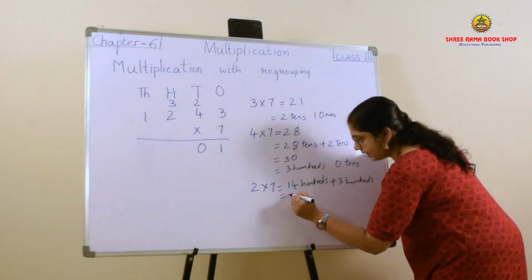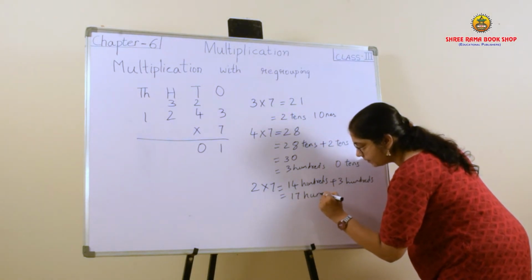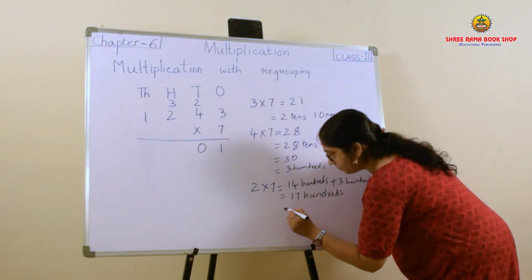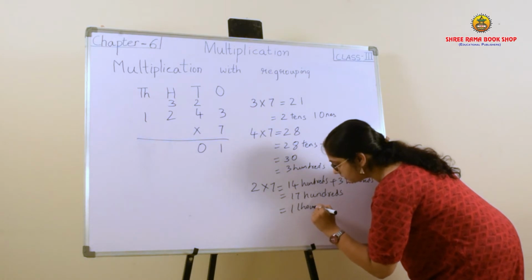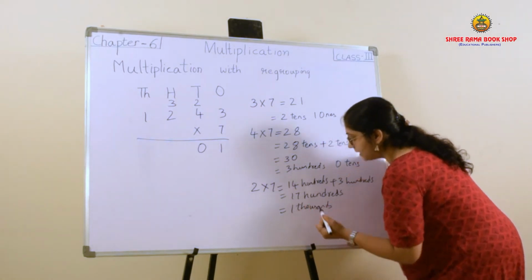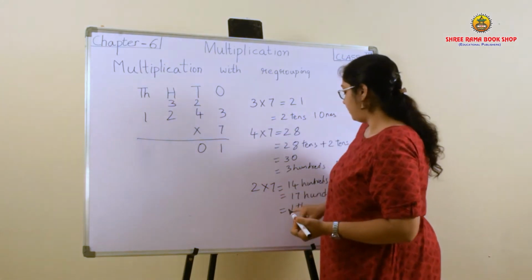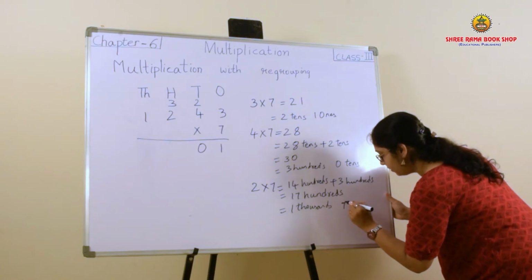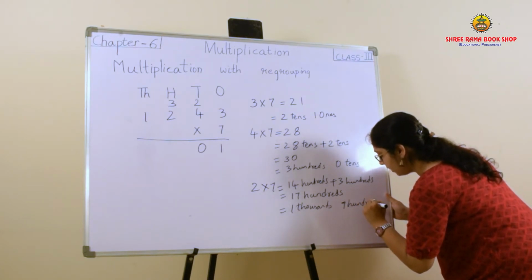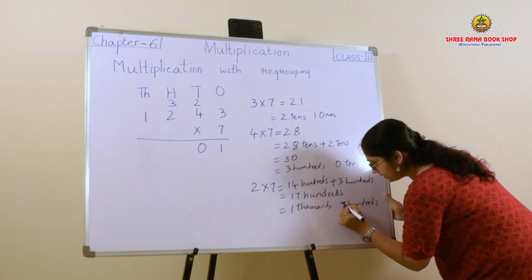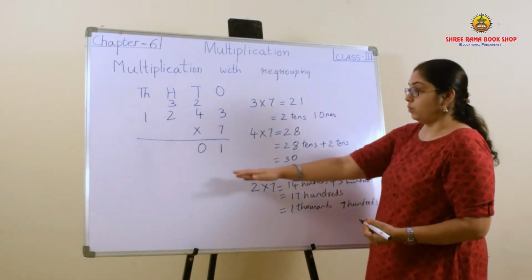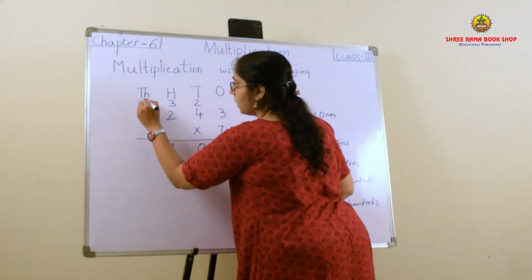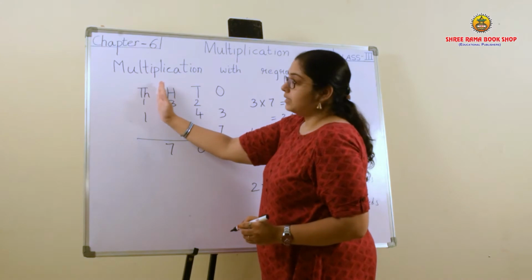So it will be 17 hundreds. 17 hundreds is nothing but 1000 and 700, because I will be carrying this digit 1 to thousands column. So I will be writing 7 over here in the hundreds column and I will be carrying 1 to the thousands column.